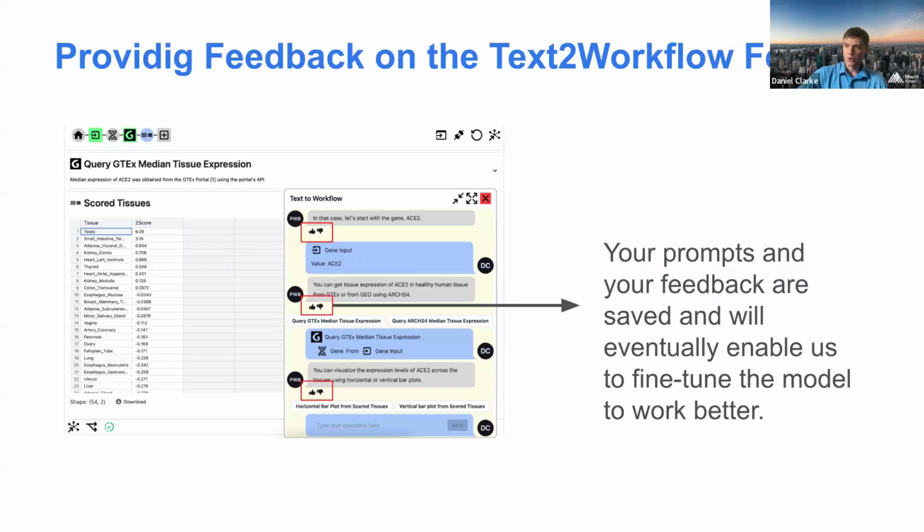And it's really important that we get some real biological questions and ideal workflows coming from those questions. Your prompts and your feedback will be saved whenever you click on the plus arrow or minus arrow. And eventually it's going to help us make this feature even better. So definitely consider doing that if you use this feature.